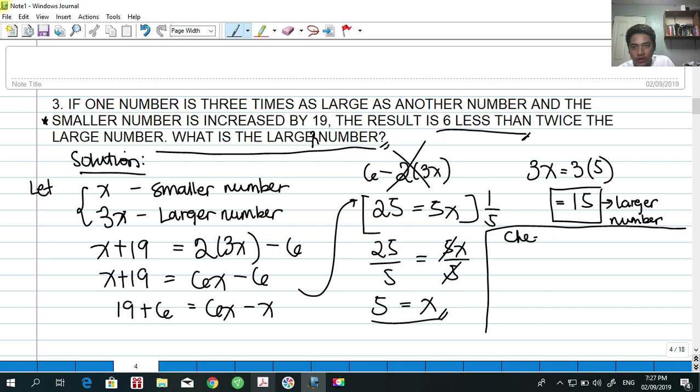If our equation is x plus 19 equals 2 times 3x minus 6, we know that x is 5, so 5 plus 19 should equal the right side of the equation. 3 times x is 15, times 2 because we have a twice here, so that is 30. 30 minus 6 is 24, and 19 plus 5 is 24. So we have the correct answer.